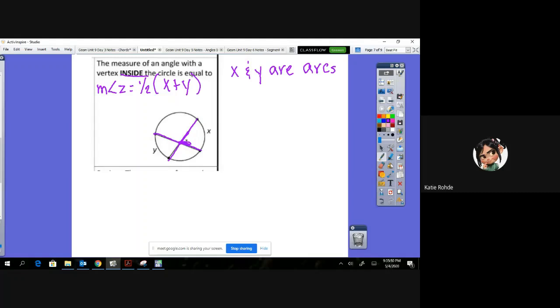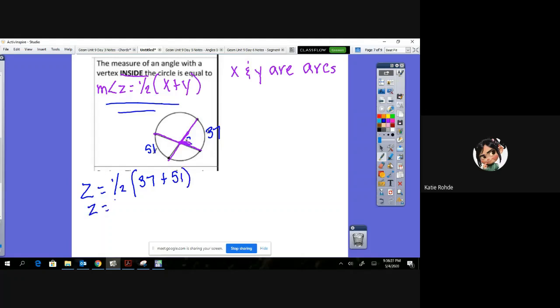So let's stick some numbers in here for some practice with this new theorem. Let's say the measure of the arc where X is 37 and Y is equal to 51, and we want to know the measure of angle Z. Z is 1/2, that always stays, of 37 plus 51.